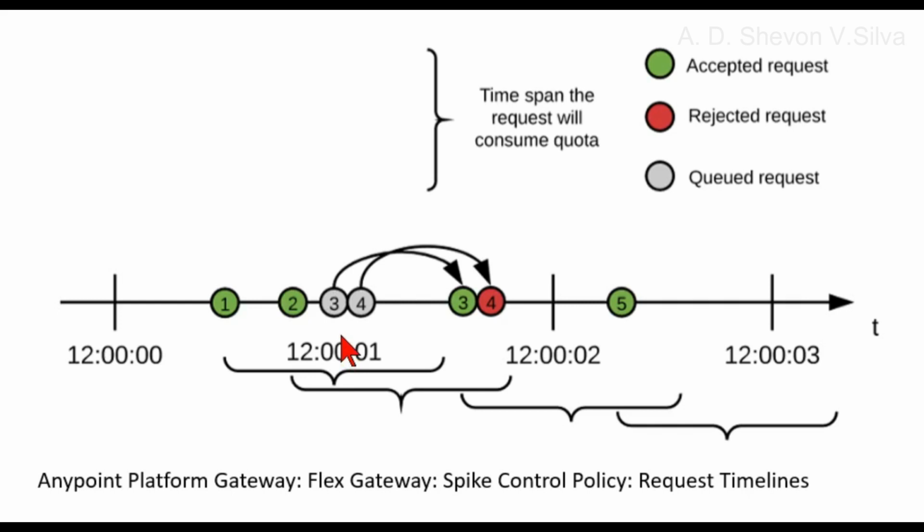Request 3 arrives. Because no quota is available, the request is queued for 499 milliseconds. Request 4 arrives. Because there is still no quota available, the request is queued for 499 milliseconds.